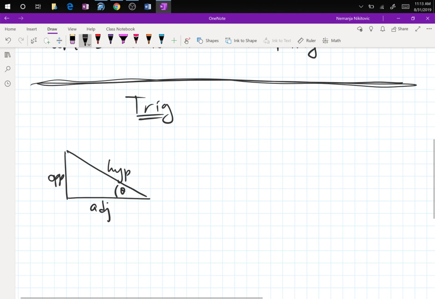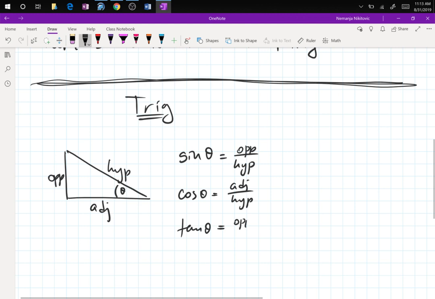Opposite is not touching the angle, it's opposite of the angle. Sine of angle theta is opposite divided by hypotenuse. Cosine theta is adjacent over hypotenuse, and tangent theta is opposite divided by adjacent.